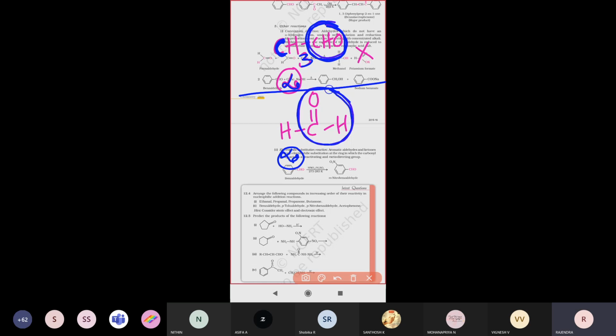Can you say whether any alpha carbon or alpha hydrogen is present? Only if an alpha carbon is present can there be an alpha hydrogen. Without a carbon, how can you say the hydrogen is alpha hydrogen? So it is not considered an alpha hydrogen, and we should not say that.